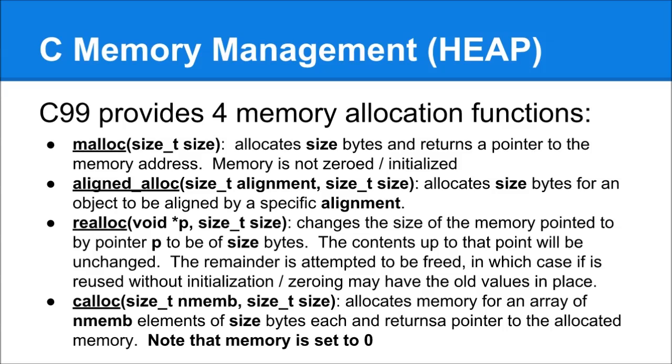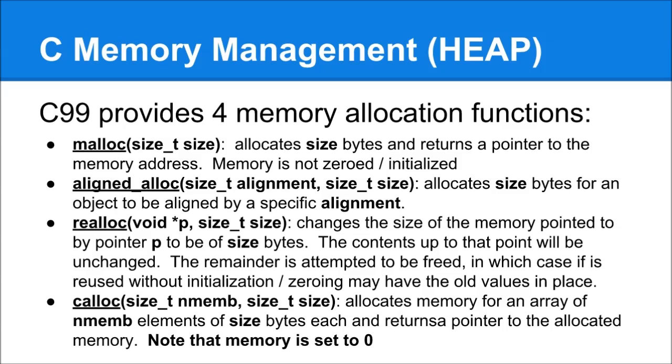Alignment is an old term that's mostly not very consequential anymore, but back in the day it meant the difference between your program running or not. realloc changes the size of the memory pointed to by pointer p to a different size, either greater or smaller. The contents up to that point will be unchanged.